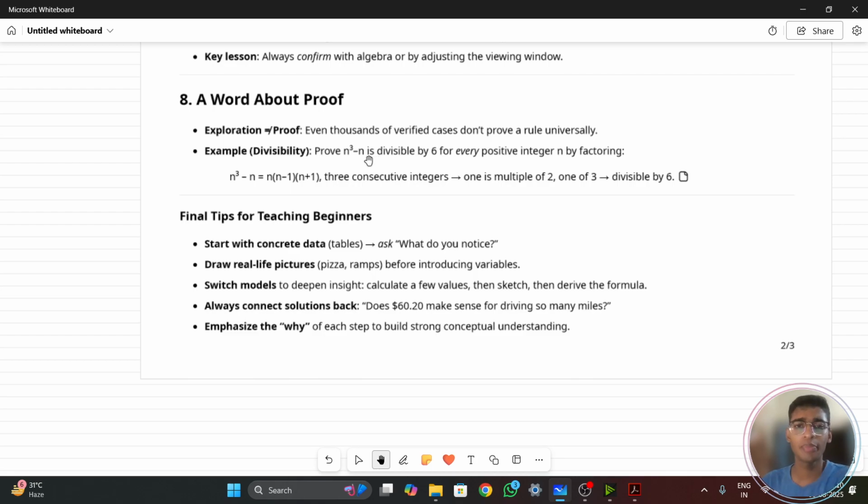Now there is a question: prove that n cube minus n is divisible by 6 for every positive integer n, by factoring. If you just take the n cube minus n problem, what you can do is write it as n common from both terms, n into (n square minus 1).